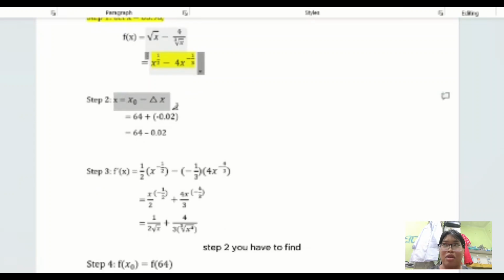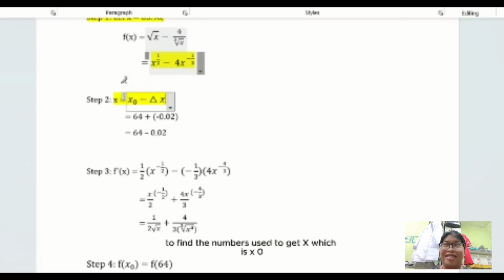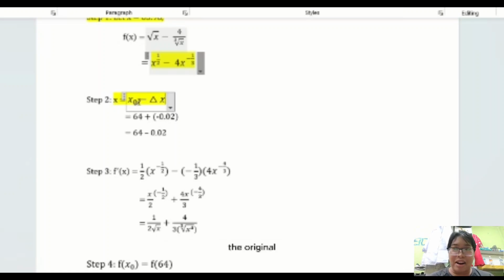Step 2, we find the numbers used to get x, which is x0, the original x, plus the change in x. Therefore, it will be 64 plus negative 0.02.